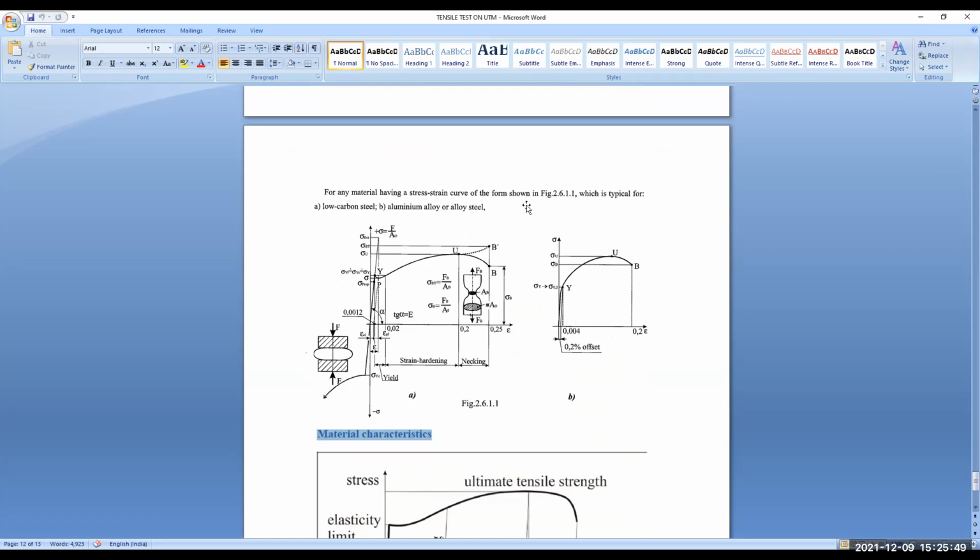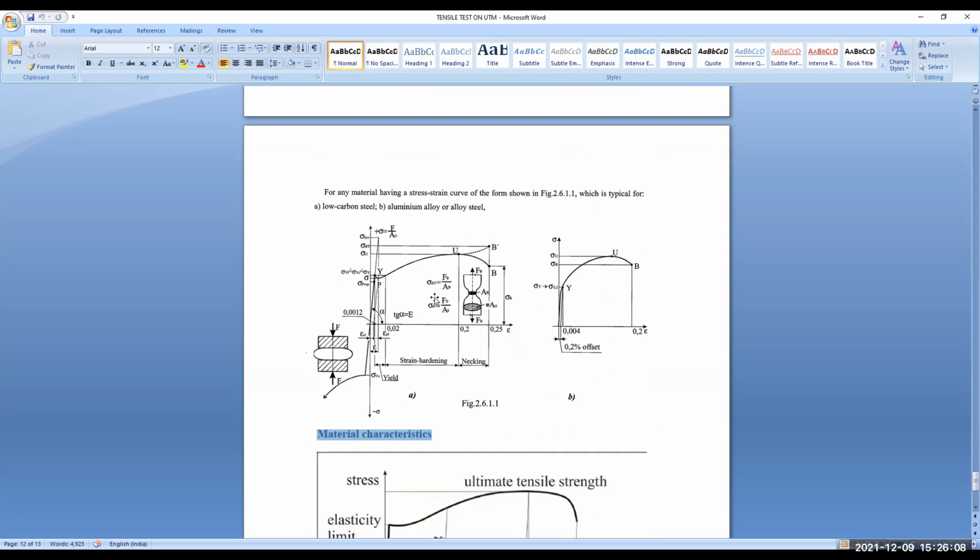having a stress-strain form as in figure 1, the stresses are ultimate, yield point, elastic limit, and ultimate limit. And they take this particular cup shape form here.